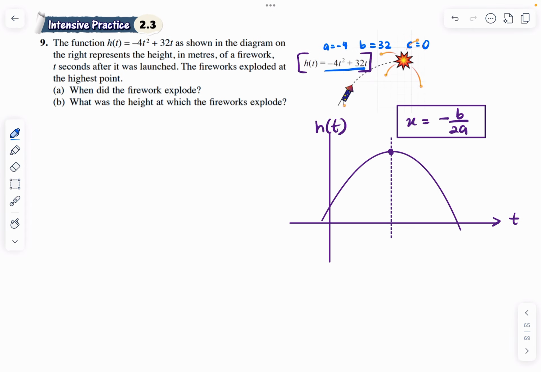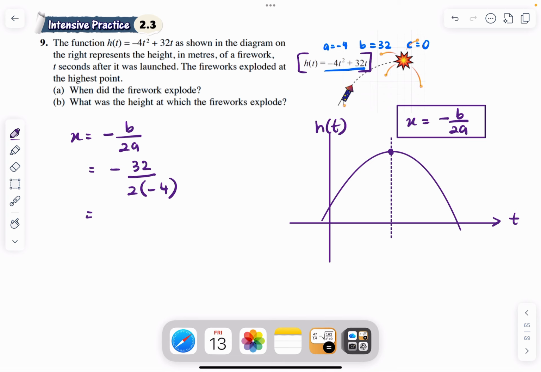So let's try to find the axis of symmetry. x equals negative b over 2a. So negative 32 over 2 times negative 4. Okay.